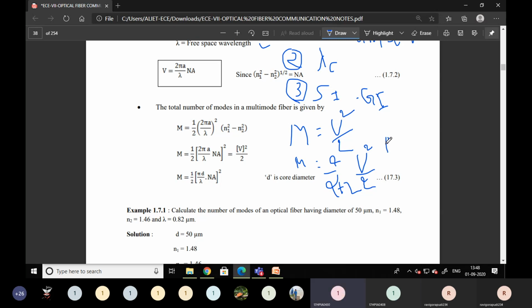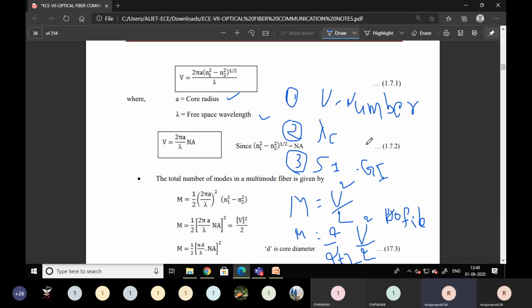Profile parameter, sir. Refractive index profile. So what is the value for parabolic profile, triangular profile, and in the same manner step index profile? Already we discussed it.